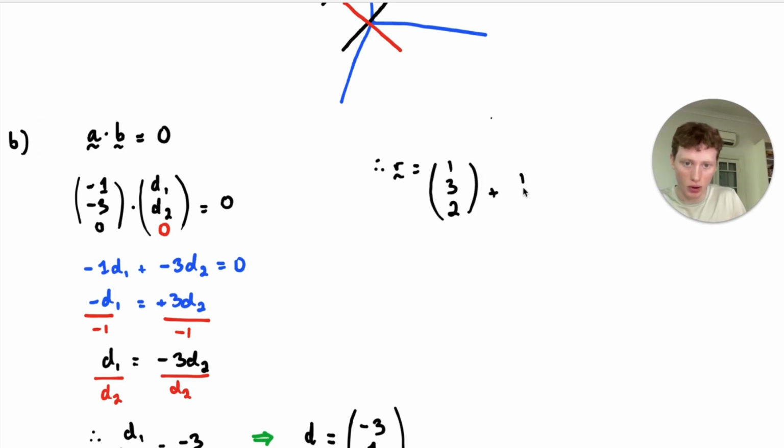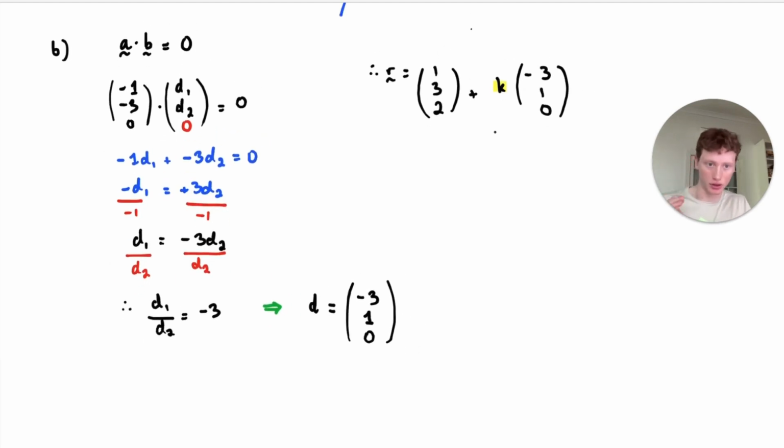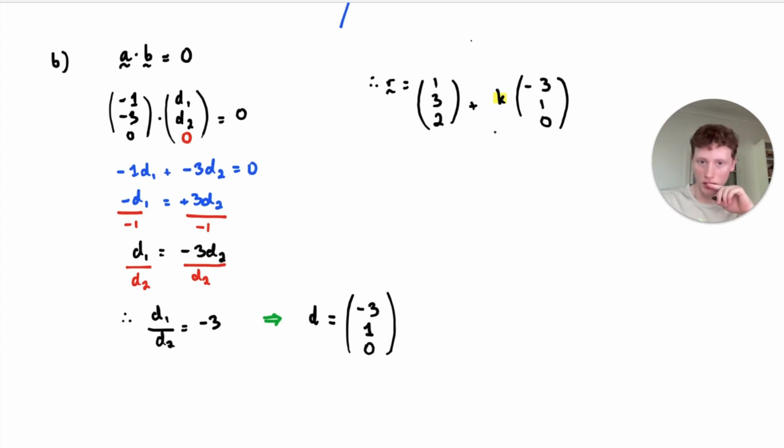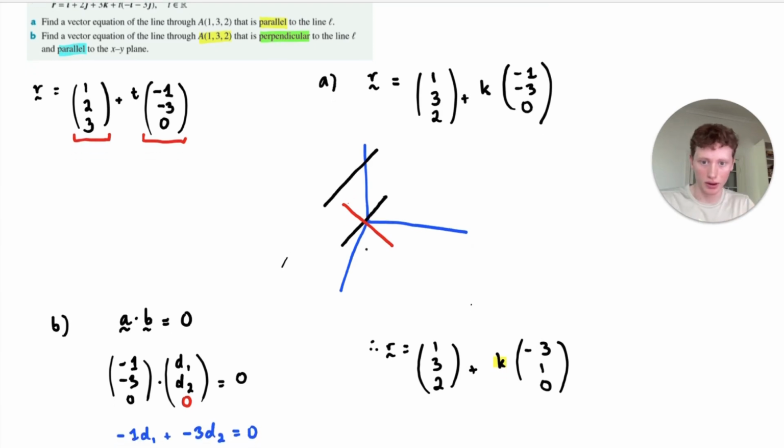But remember, in here we've got this scalar, so it doesn't particularly matter if this was -6 and 2, as opposed to -3 and 1, 0. It just means the k value will be slightly different. What's important is the direction and the actual trajectory of the vector. So that's what I would have for both of those. My drawing isn't great here, but yeah.